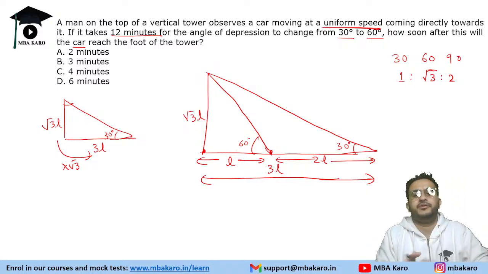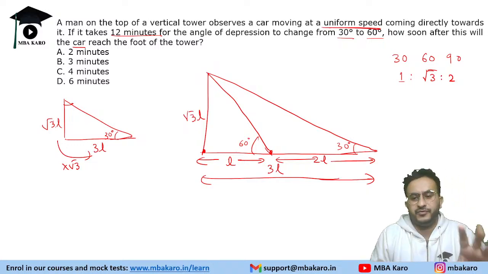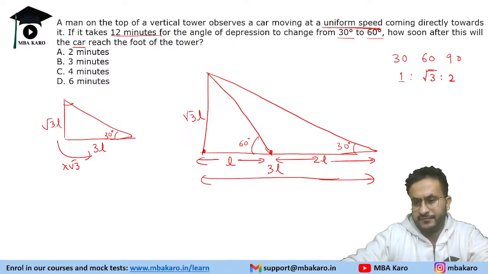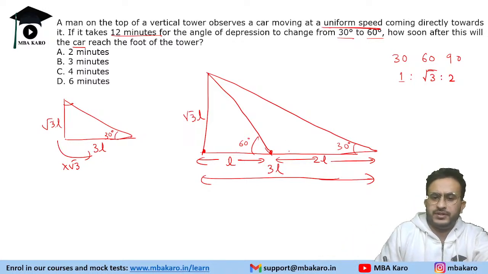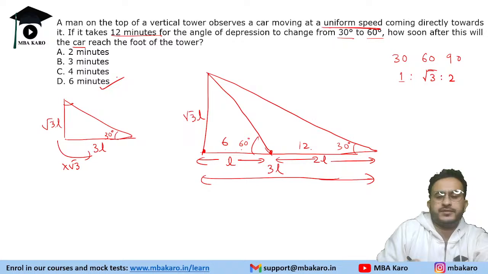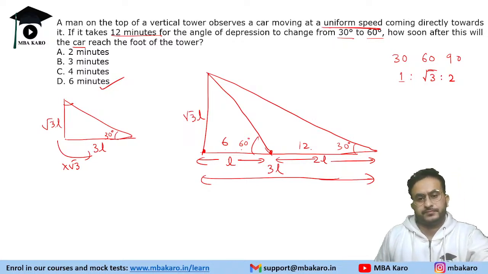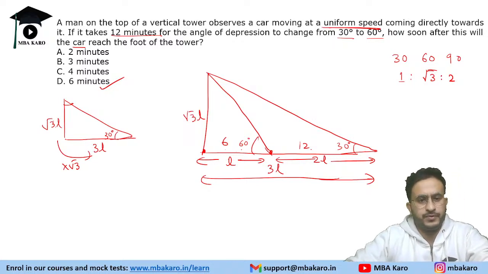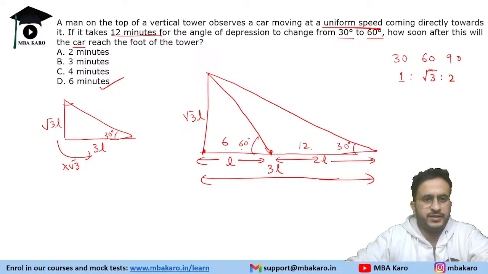Even if it is not given, we have to assume the car is moving at uniform speed unless stated. So it covers this distance in 12 minutes, and it will cover the remaining distance in 6 minutes. So that is the answer. 6 minutes will be the answer.